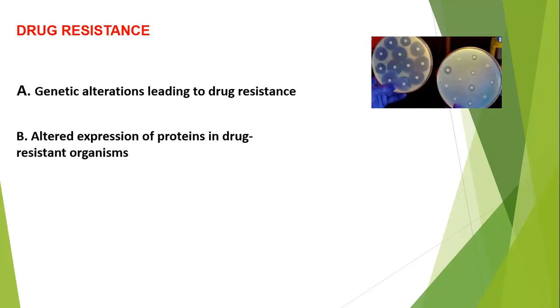Firstly, genetic alteration leading to drug resistance, or altered expression of protein in the drug resistant organism. ممكن يصير تغير البروتين بهذا الأورجانيزم فيصير مقاوم، أو تغيرات جينية genetic alteration leading to drug resistance.